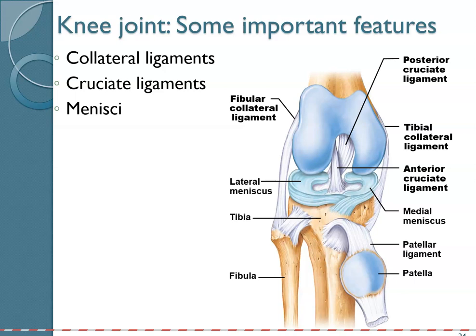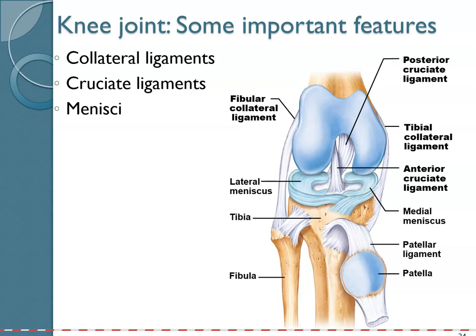Another name for that is tibial or fibular collateral ligament. So hopefully you recall that the tibia is on the medial side of our shin, while the fibula is on the lateral side. So the fibular collateral ligament is the lateral collateral ligament, while the tibial collateral ligament is the medial one.